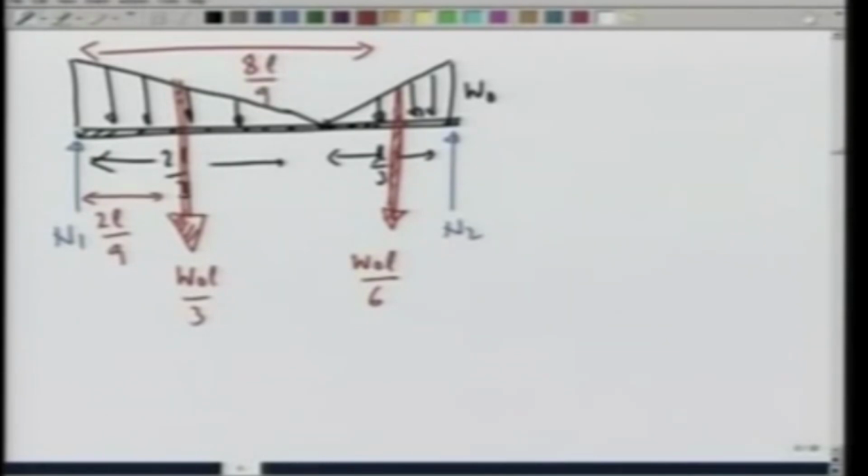So, I can forget about these triangles now and instead focus on these forces and do my calculations as we have been doing in the first few lectures of this course.